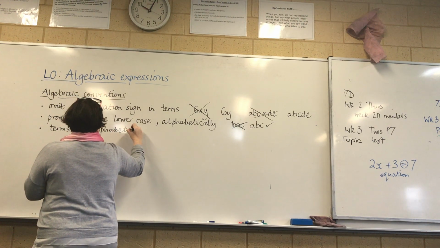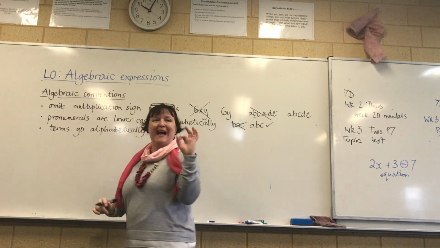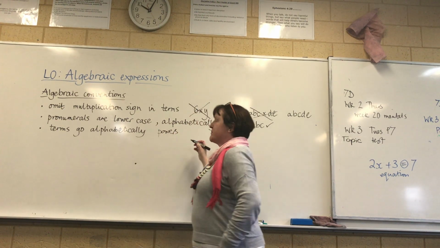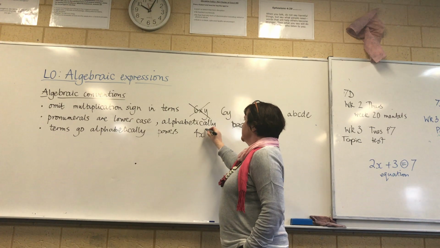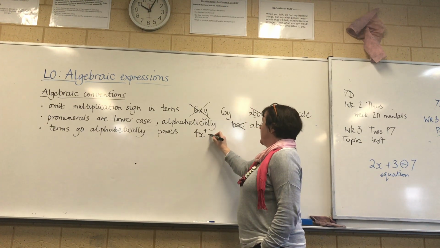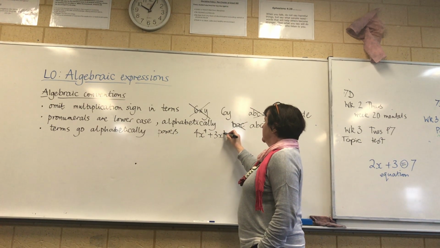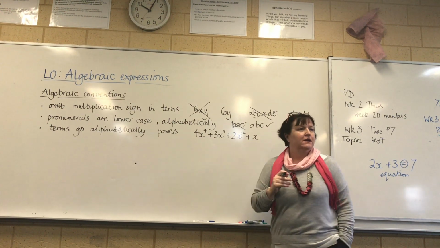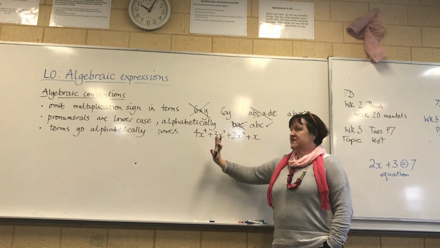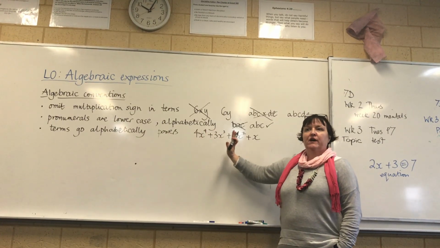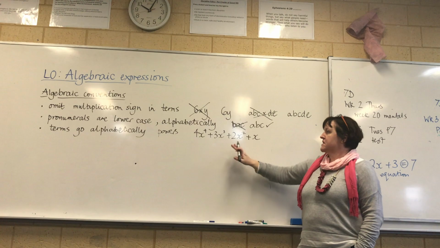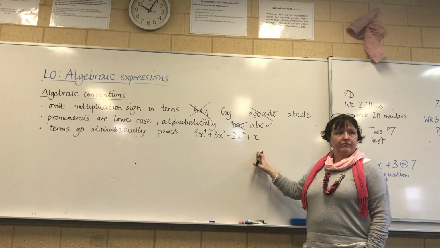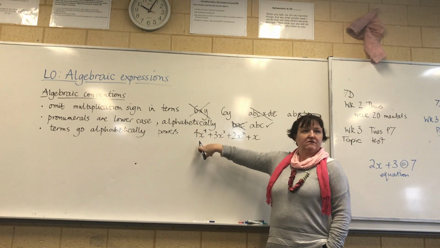The only difference is you look at the powers as well. So if you've got something like 4x to the power 4 plus 3x cubed plus 2x squared plus x, you write them in that order. So you start with the highest power and go down. The highest power at the beginning, that's right.